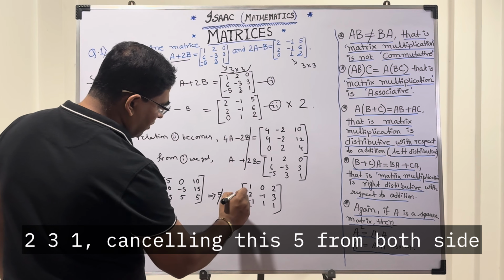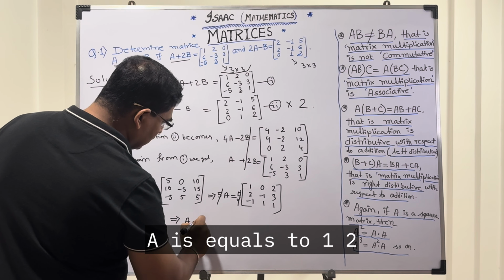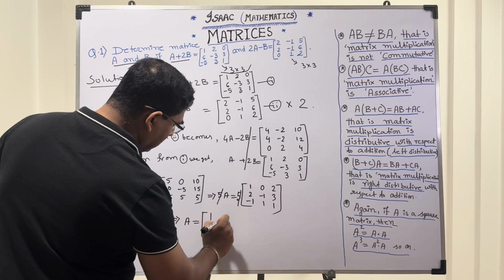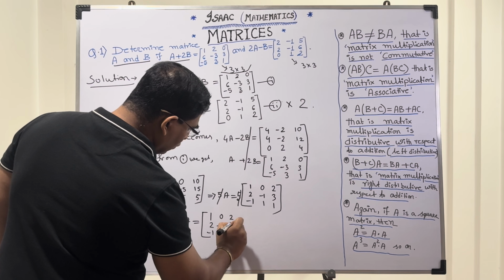Cancelling these 5 from both sides, we get A is equal to 1, 2, minus 1, 0, minus 1, 1, 2, 3, 1.